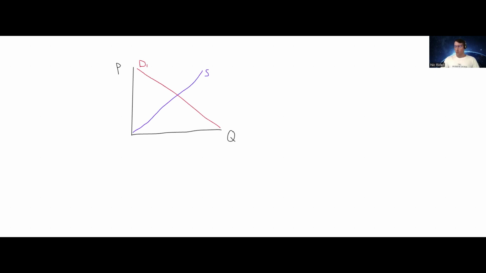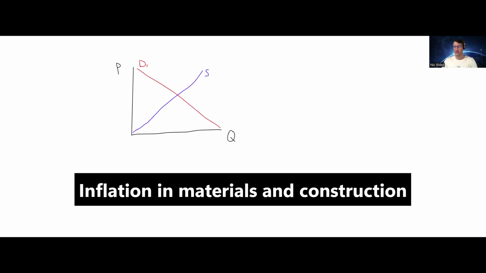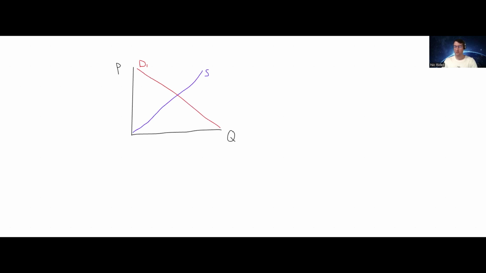All right. So from here we can say, well, if building materials continue to go up and construction costs continue to go up, and interest rates go down again, we're going to see this figure here increase more.